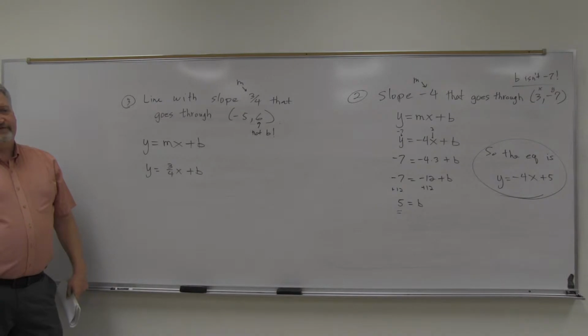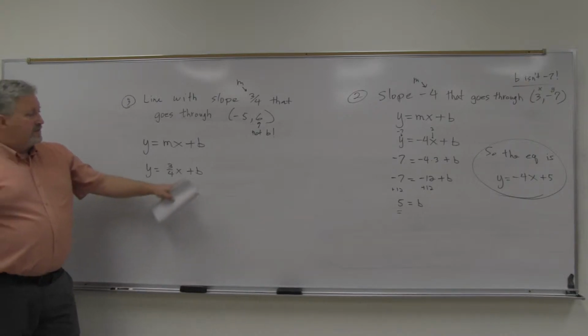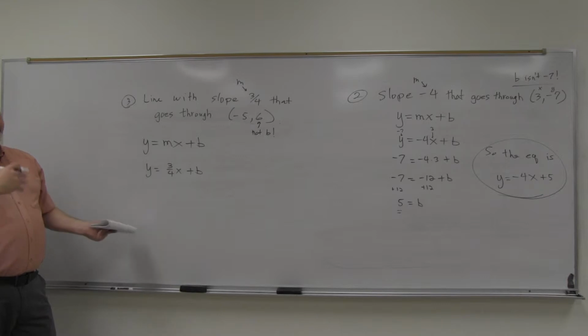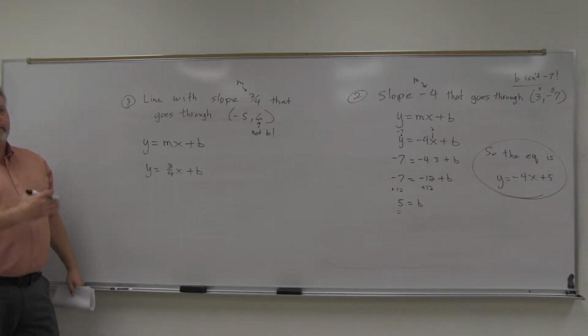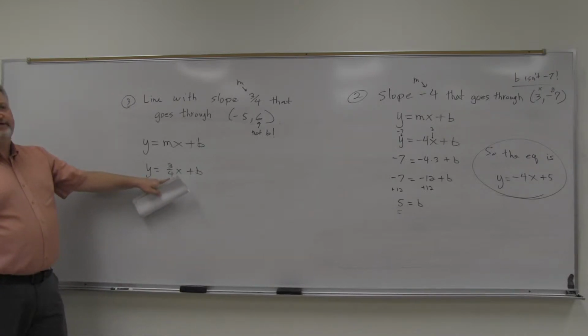It's not 0, so it's not the y-intercept, so we can't do that. Here's my suggestion with the fractions. In future sections we're probably going to want decimal form anyway, so let's just change that to a decimal.